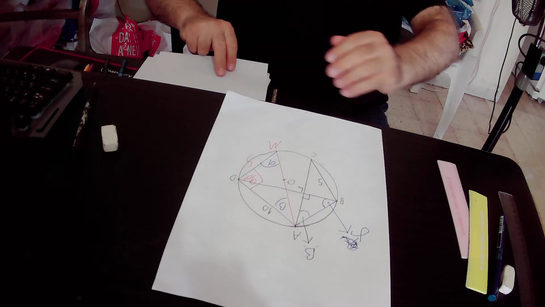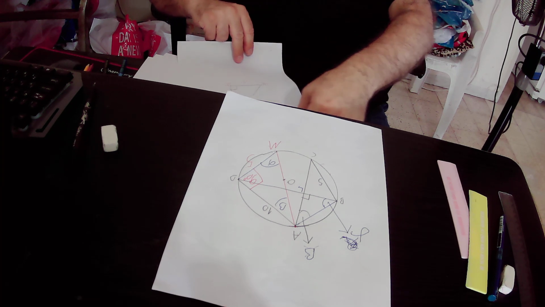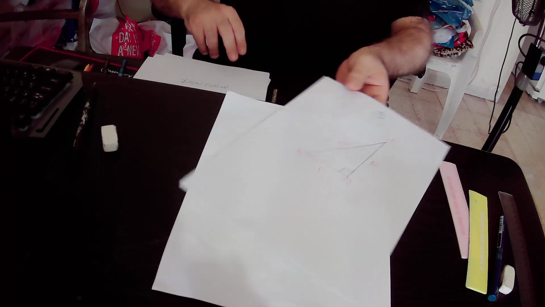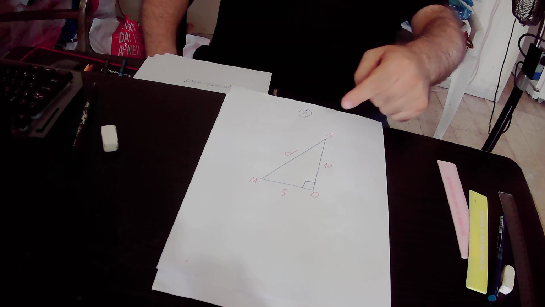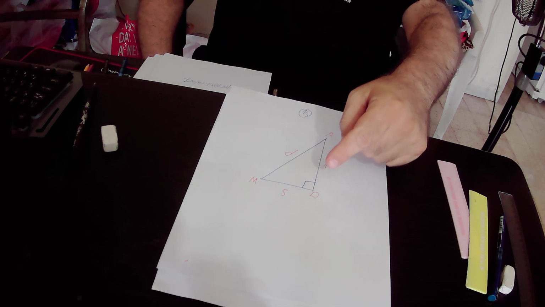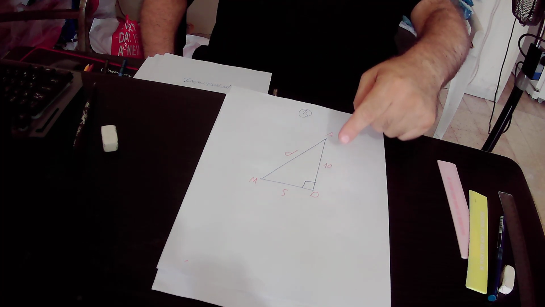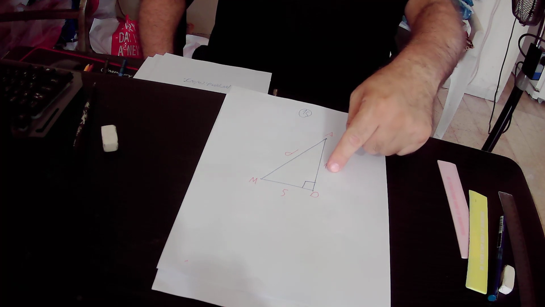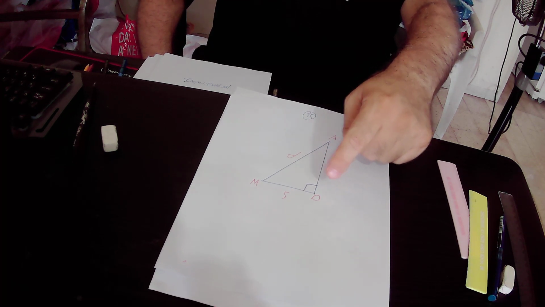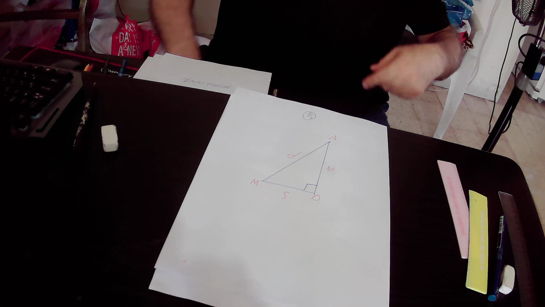We draw the right triangle AMD again. We have side AD of the right triangle AMD that equals 10 units, side MD equals 5 units, and AM, this is the diameter of this circle.